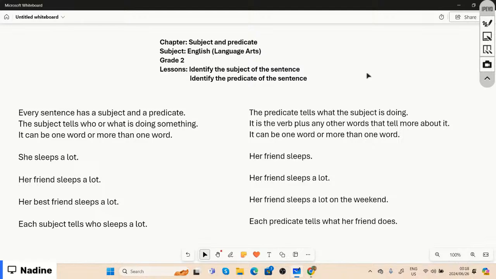Then we said we have a predicate, because a sentence also needs a predicate. The predicate tells us what the subject is doing, and that is the verb plus any other words that tell us more about it. And a predicate can be one word or more than one word.